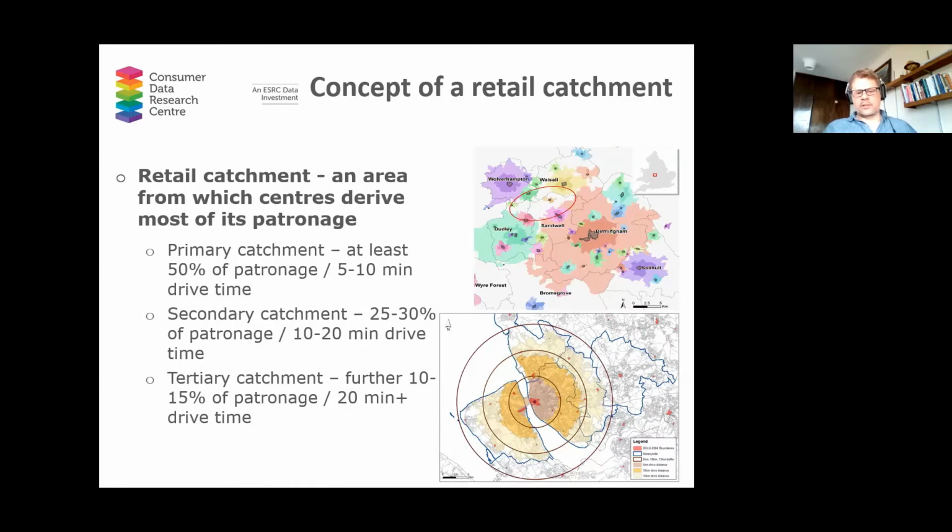So there will be a proportion of people in each location who will shop in a particular catchment as a tertiary option, basically. So it's a further 10–15% of patronage, and typically that will be 20+ minutes drive time. So you live quite far away from the center, but you still consider coming from time to time to the retail center. And for this reason, that would be called your tertiary catchment.